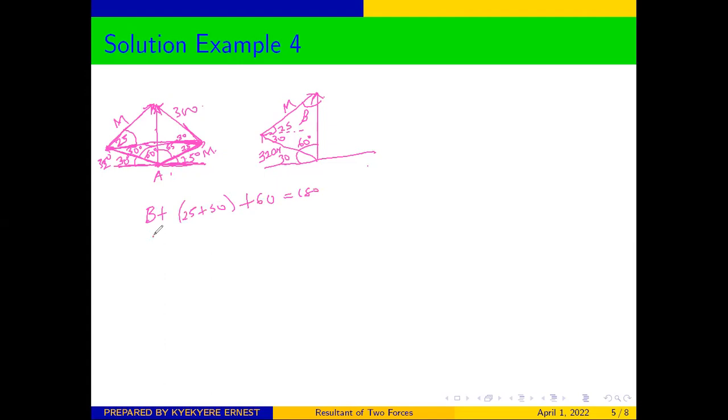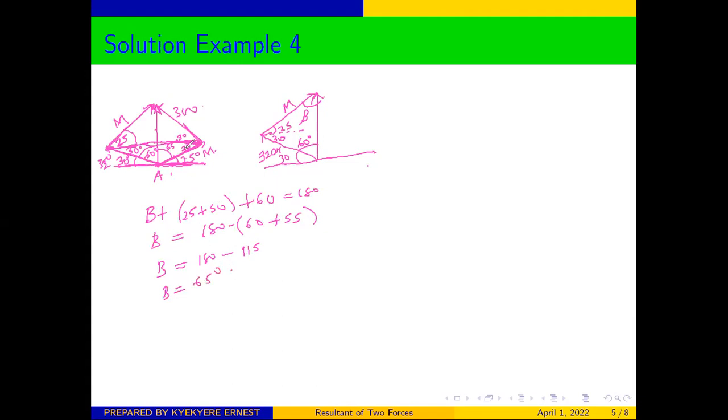So from here we can see that beta will be equal to 180 minus 60 plus 55. And then we can say that our beta will be equal to 180 minus 115. So our beta will be equal to 65 degrees.